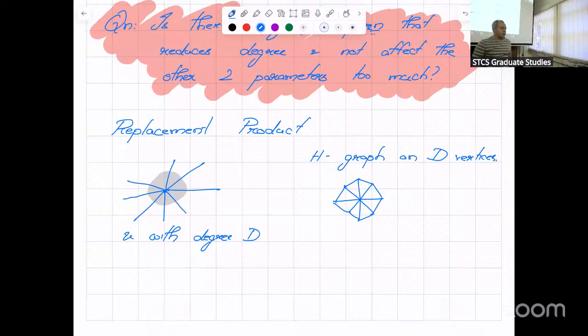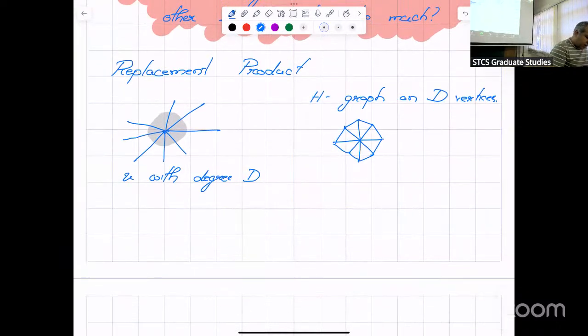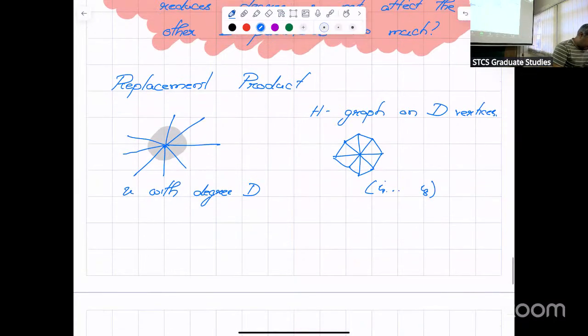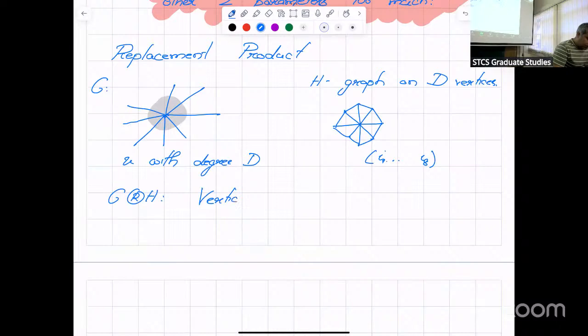That is, H is a graph whose vertices are I1, I2, up to I8. We will think of a graph which is the replacement product. So G replacement H is going to have its vertices be U comma I belonging to N cross D. So G is an N D graph.